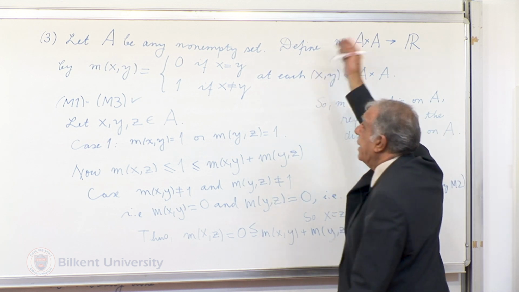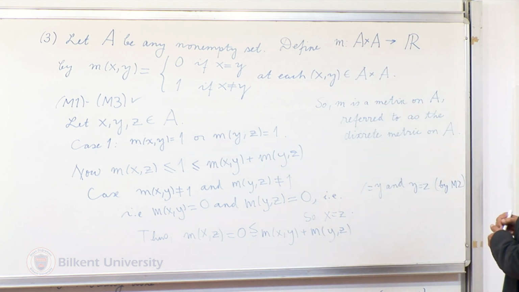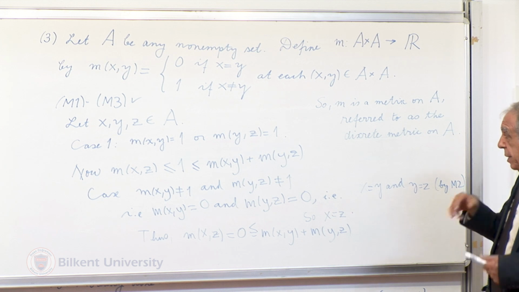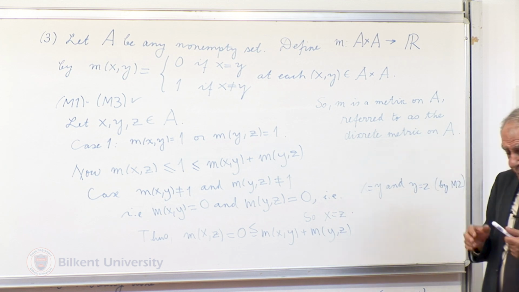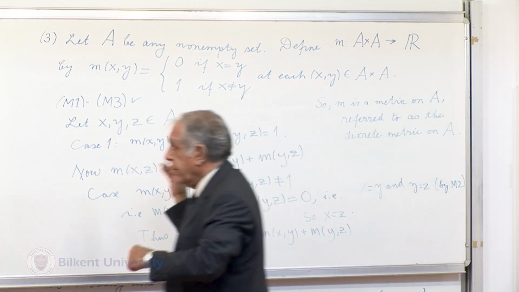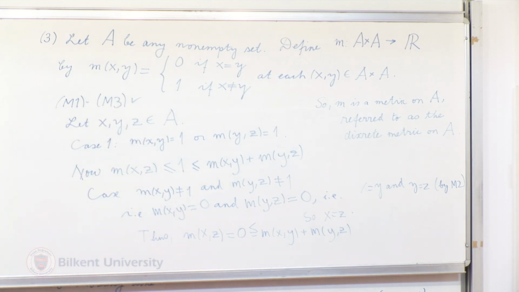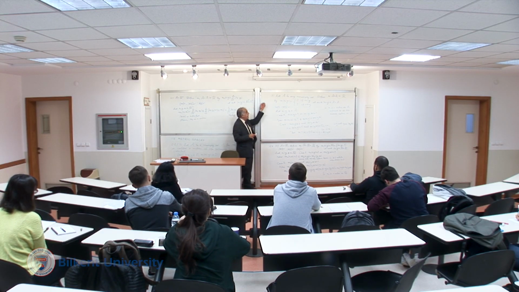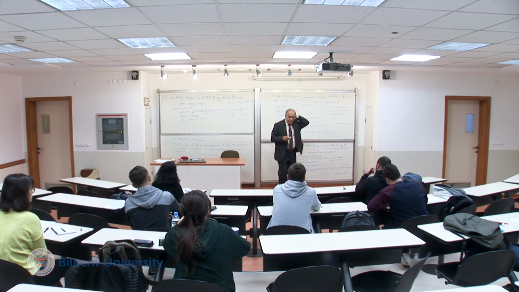Now, A is any non-empty set, and we have now a metric, the so-called discrete metric, which applies to any set whatsoever. Fine, this is a genuine generalization of distance.